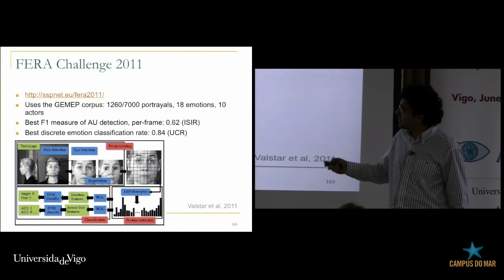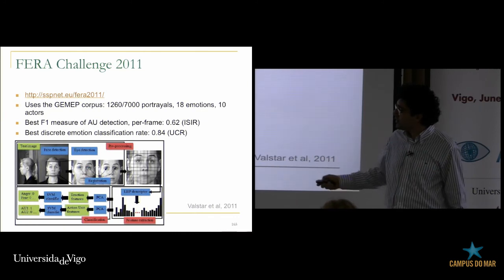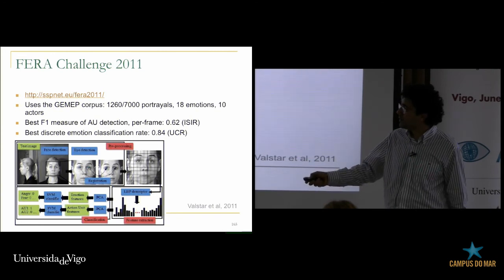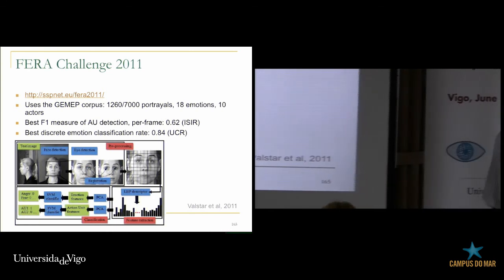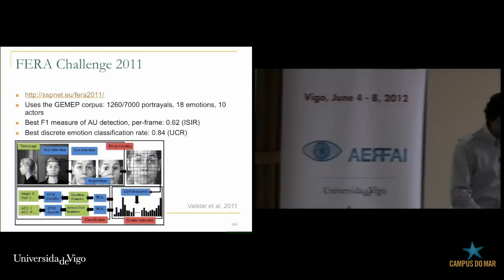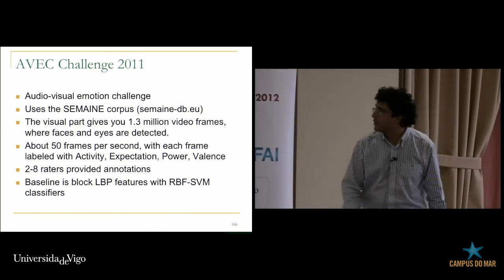Then LBP descriptors are extracted from each of these locations. A histogram is built, and then you have a classification. PCA plus specific SVM classifiers again. So you see SVMs and LBPs, and these are all very frequently used.